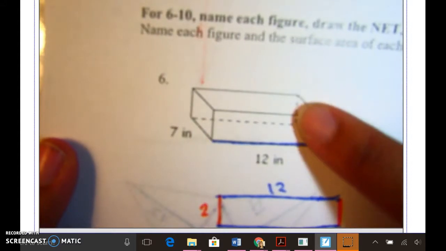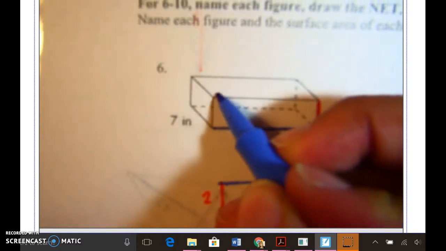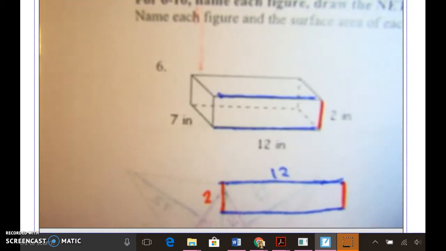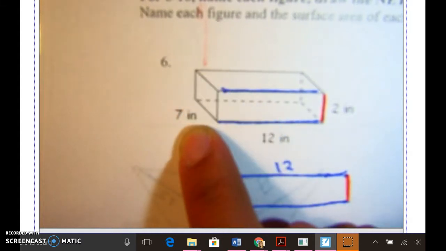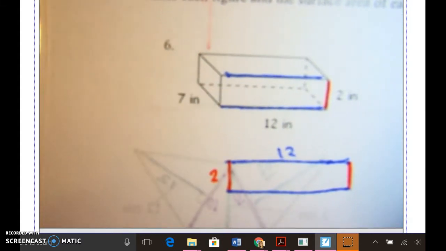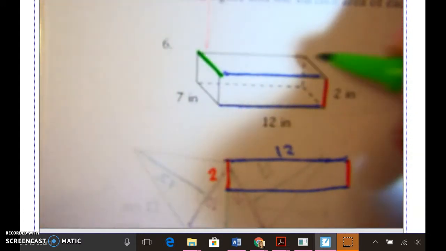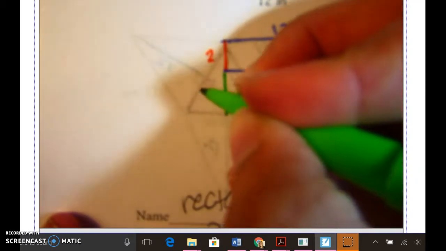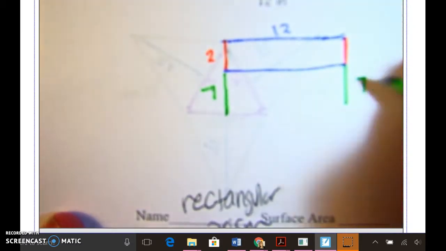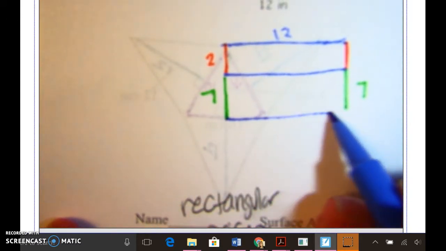Well, if I go from here, I can look at the top. The top is a 12, because this side is also 12. The top is going to be a 12 by, how long is this side? This side is 7. So this is a 12 by 7. So I already have 12, and I'm going to draw 7. I'm trying to draw them a little bit longer so it looks longer than the 2.